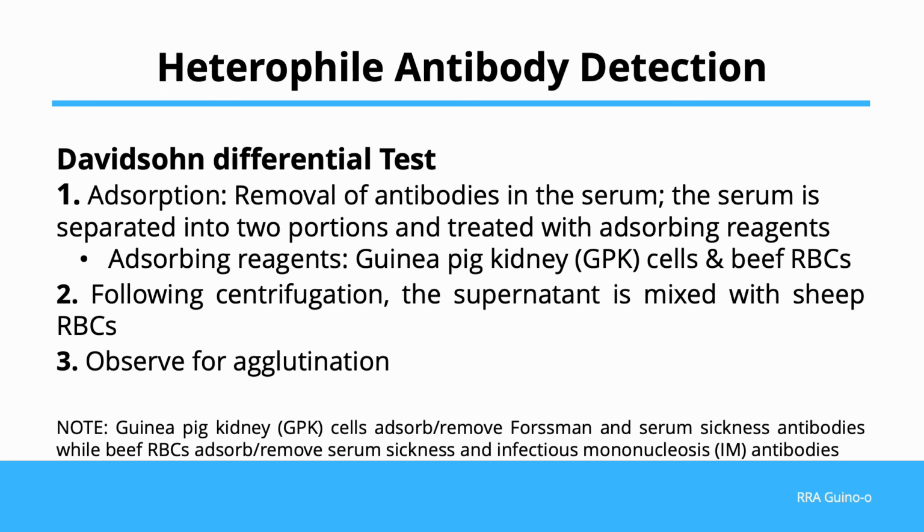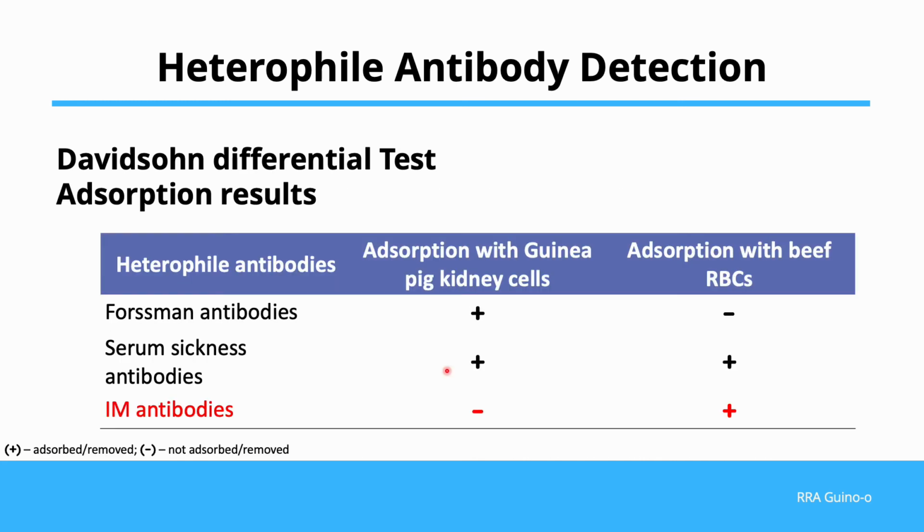Note that guinea pig kidney cells are able to adsorb or remove Forssman and serum sickness antibodies. Meanwhile, beef red blood cells are able to adsorb or remove serum sickness and infectious mononucleosis antibodies. In this table, you can see the adsorption pattern of each of the heterophile antibodies. First, for Forssman antibodies, they are adsorbed by guinea pig kidney cells, but not by beef red blood cells.